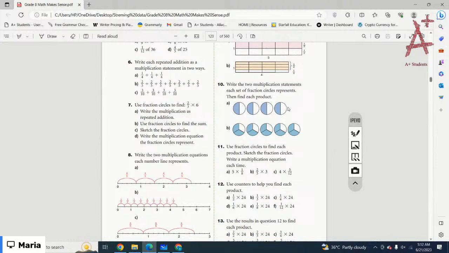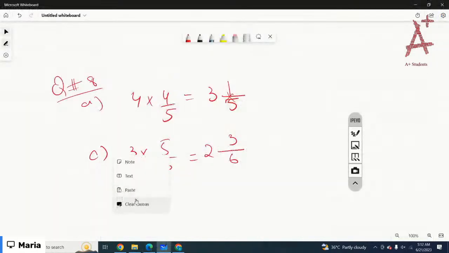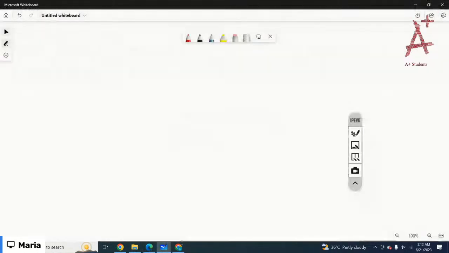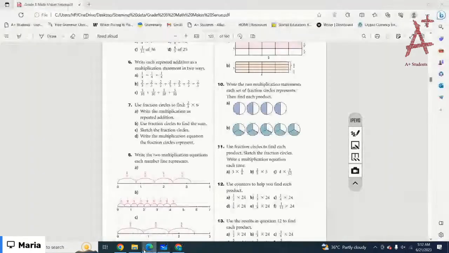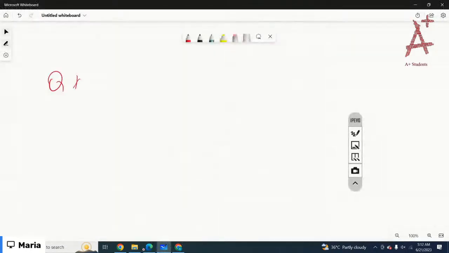That is 4 circles and all of them have the same. So in multiplication form, you can write it as 4 times 1 over 2. 4 times 1 by 2. And you have to solve them. So just solve. It would be 4 times 1 is 4 over 2. That equals 2. Got it?